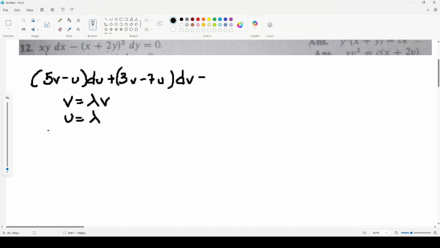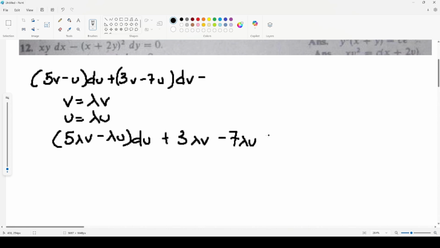We're going to substitute that. That will become (5 lambda v minus lambda u) du plus (3 lambda v minus 7 lambda u) dv.